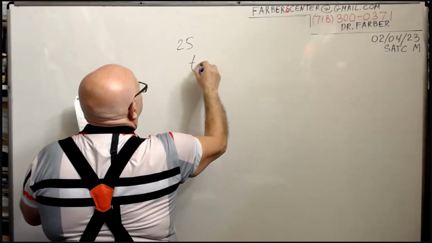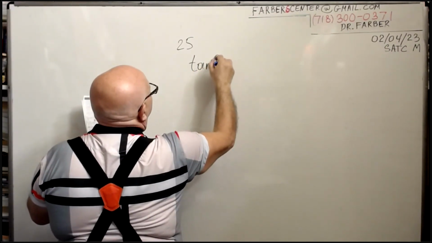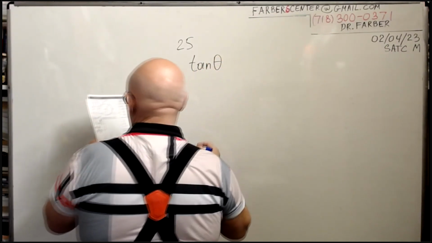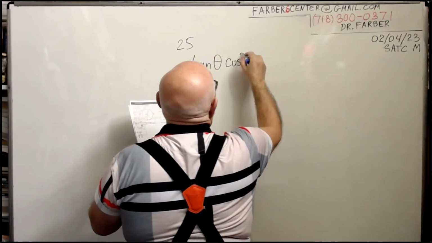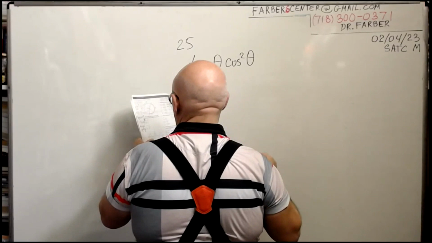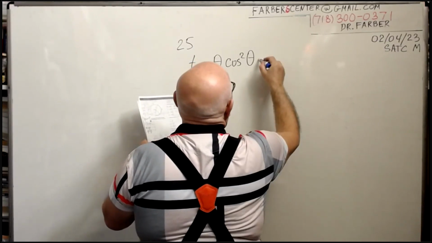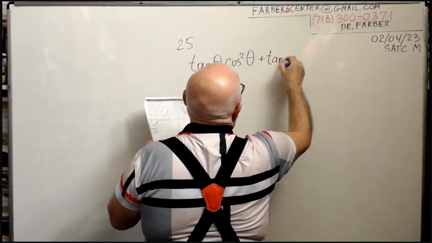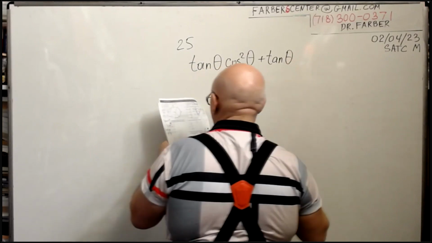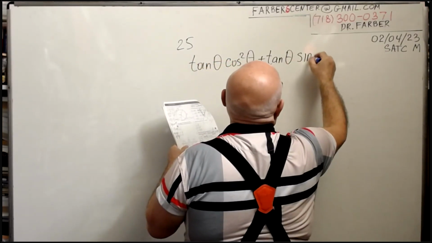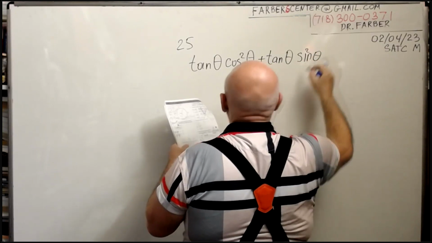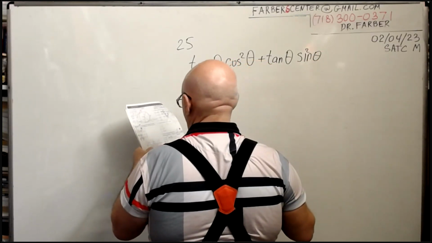Tangent theta cosine square theta plus tangent theta sine square theta, divided by sine of theta.